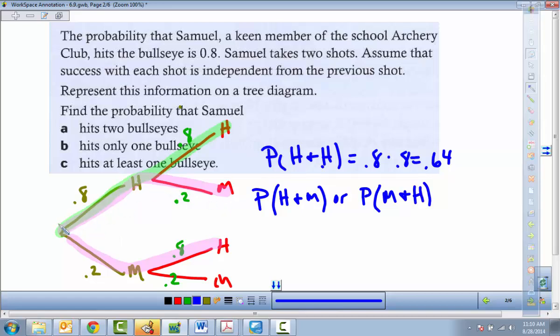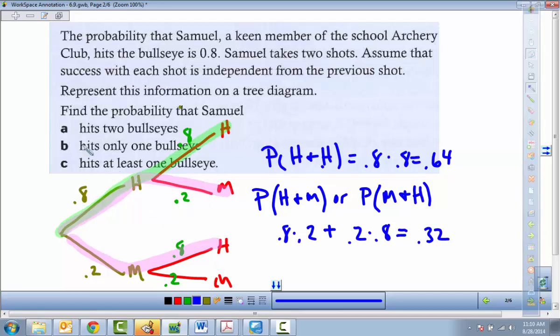So the pink branch across the top, we're going to have 0.8 times 0.2, plus we add the 2 different branches, 0.2 times 0.8. We have 0.16 plus 0.16, or 0.32, as our probability.